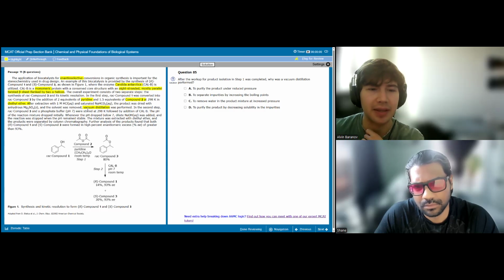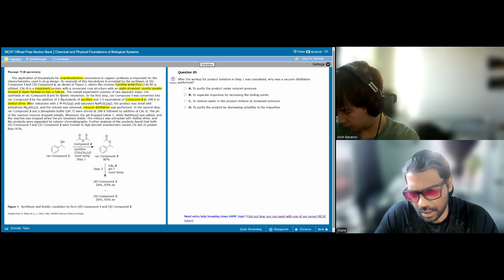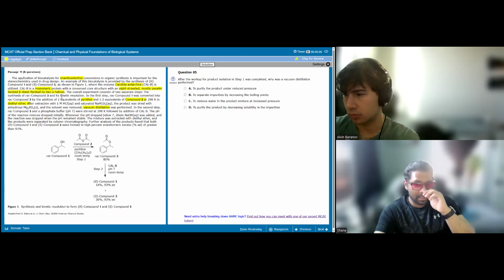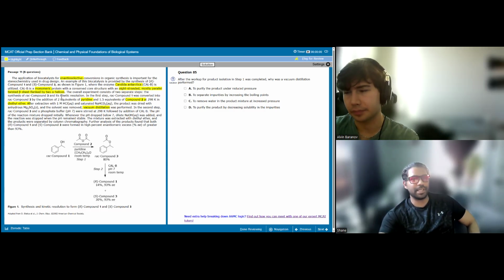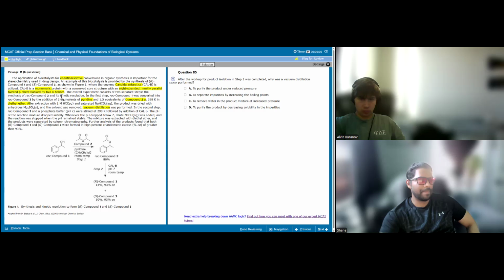It might be less stable, but it's created faster. Apparently it's a means of differentiating two enantiomers in a racemic mixture, so one of them can be produced faster than the other.